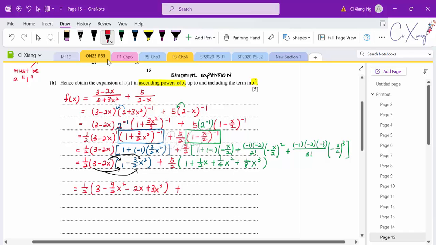Then for the second part here, you just try to multiply in the 5 over 2. So you're having 5 over 2, then plus 5 over 4x, plus 5 over 8x squared, plus 5 over 16x power 3.